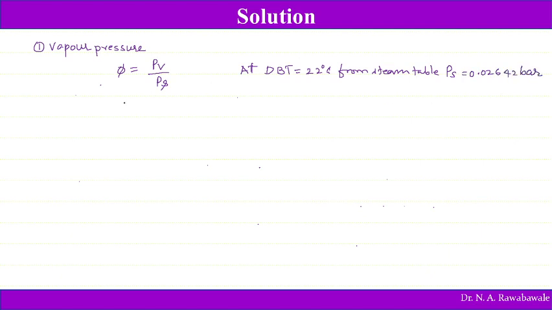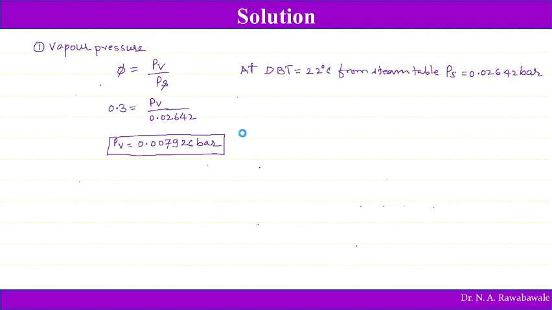So we can substitute phi, that is phi is equal to 30% means 0.3, which is equal to PV divided by 0.02642. So PV is equal to, we get this as 0.007926 bar. So we get PV, in this case vapor pressure.